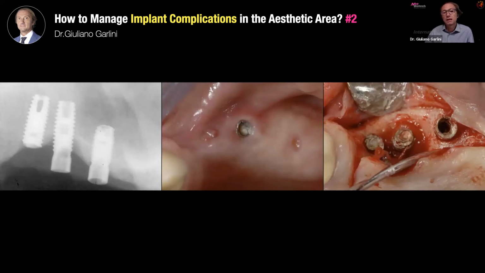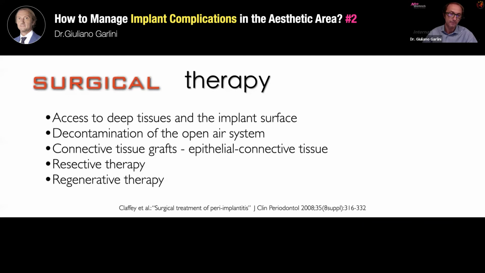So probably you will have solved the problem of the periimplantitis, but you will have another problem: the removal of the implant and the insertion of a new implant in this area.